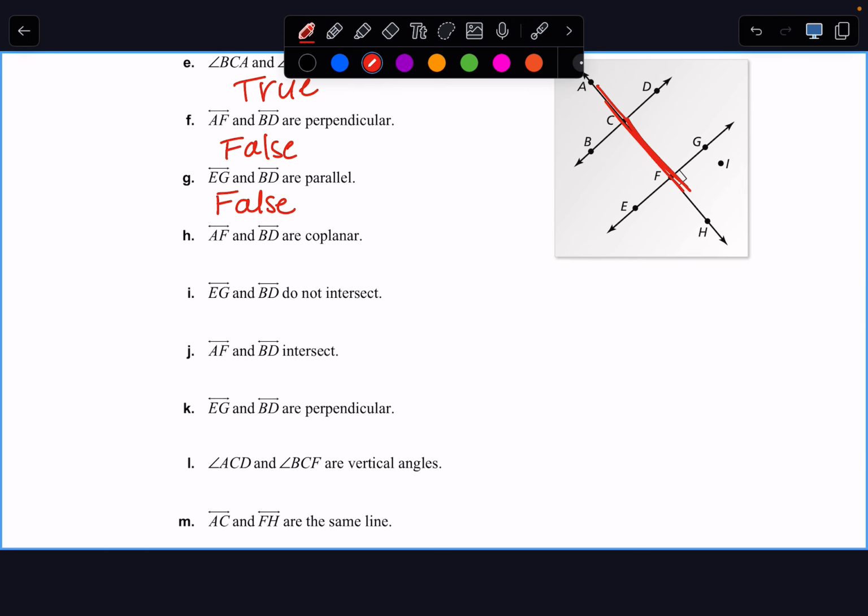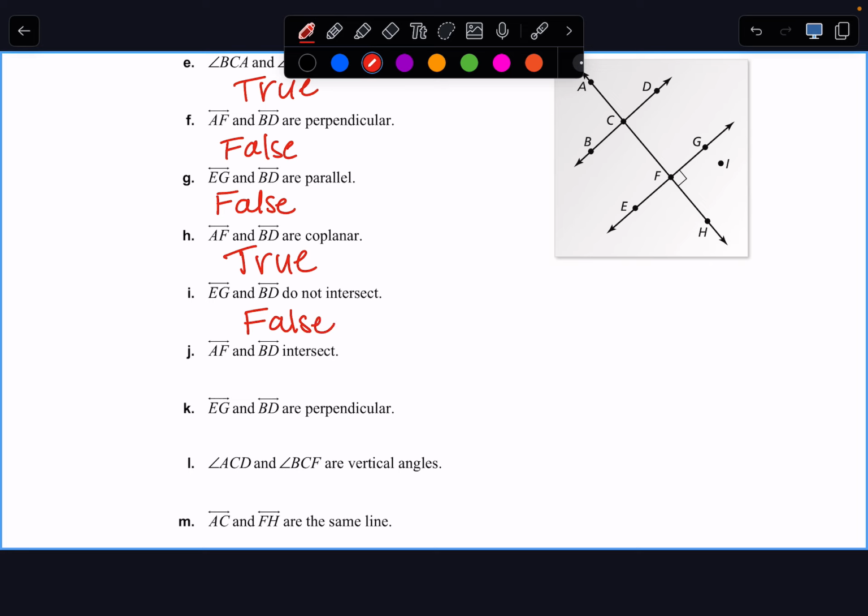AF and BD are coplanar. True. Oh, okay. I was going to ask somebody. Austin. True. Thanks. Okay. EG and BD do not intersect. False. Why? Because there's no right angle telling it that it'll go straight.